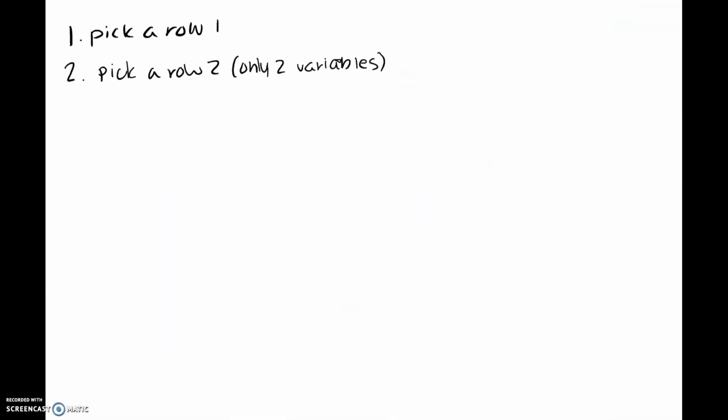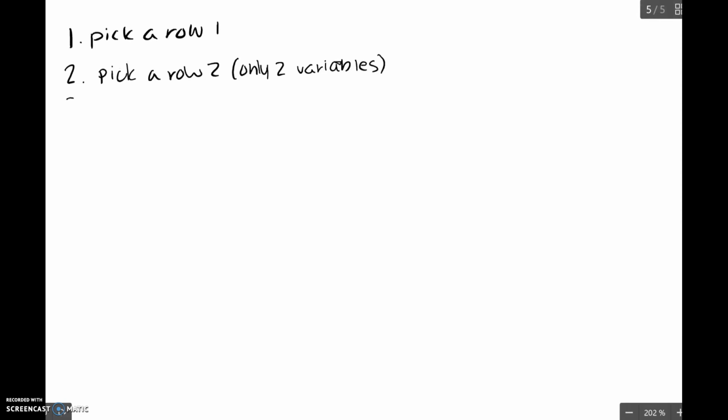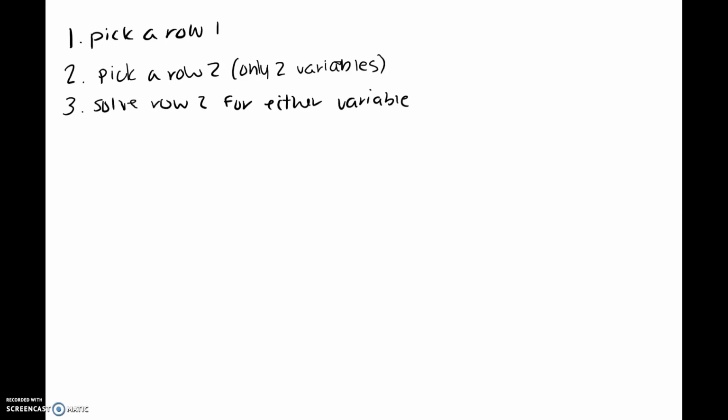After you pick a row 2, you solve that row for either variable. Once you solve it for one of the variables, you let the other variable equal t. And then your last step is back substitution.